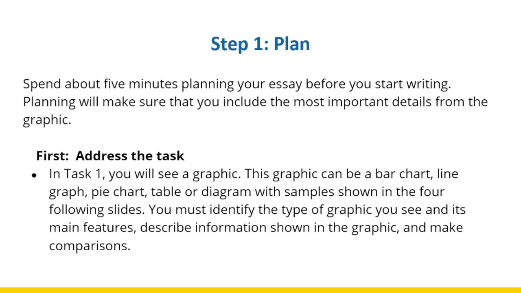So identify what type of graphic you have, then try to analyze what kind of changes happened in the graphic, and after that begin writing. I'll be teaching you how to make a plan and how to create your outline, and then how to write every single paragraph of the essay. But you should keep in mind that you need to use at least 5 minutes for this process for your Step 1.